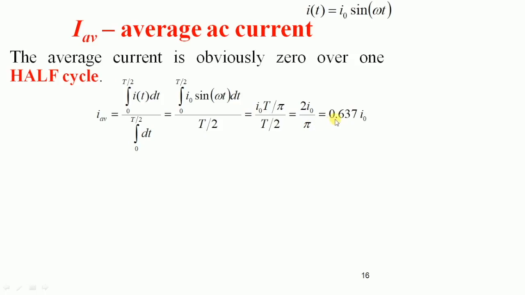So 0.637 times I0. I0 is the amplitude. So 63.7% of I0 will be the average current delivered in the half cycle.